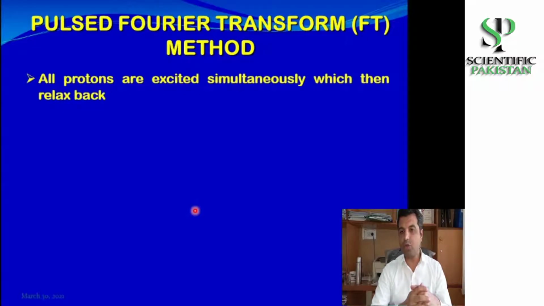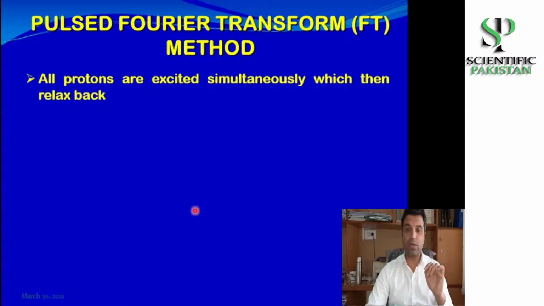Saturation means when you do not allow these nuclei to relax back to z-axis. Like magnetization, the net magnetization vector has its equilibrium position on z-axis, on the vertical axis. When you provide it energy, it flips. But if you do not allow it to go back to z-axis, it will remain on this xy plane and it will not give you a signal.